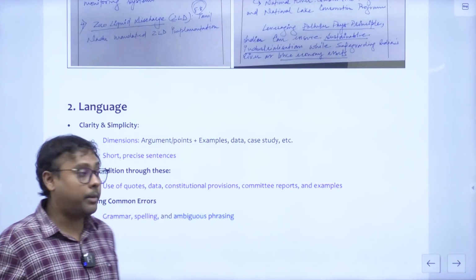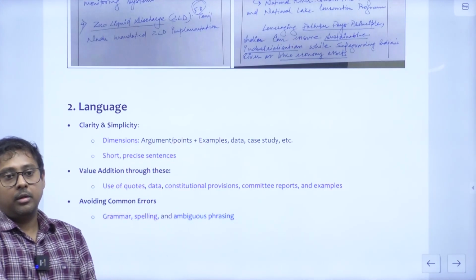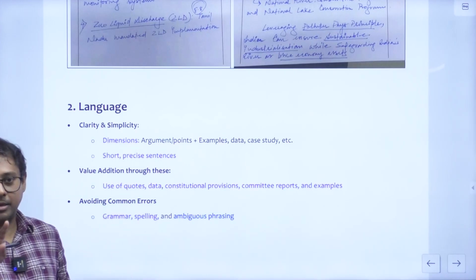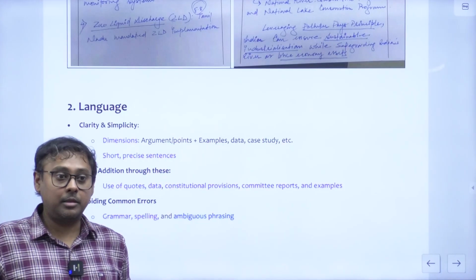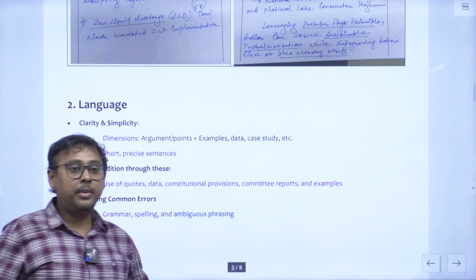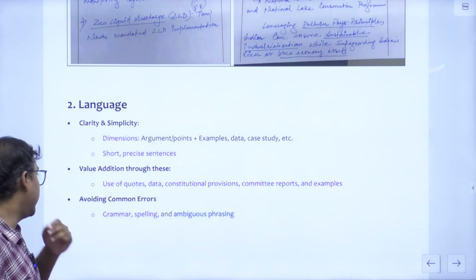In the third paper, if you are not using these things, you will not get marks. People who are getting marks in the 90s, it's not that they're performing badly. Like I've told somebody, 90s is very good marks. 90s में तभी marks आपको मिलेंगे when you're using these things: committee reports, data, examples. ठीक है, you have to use these things, right?